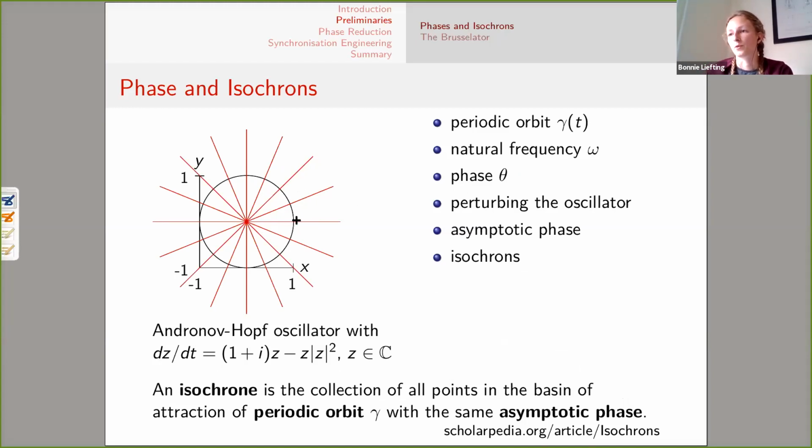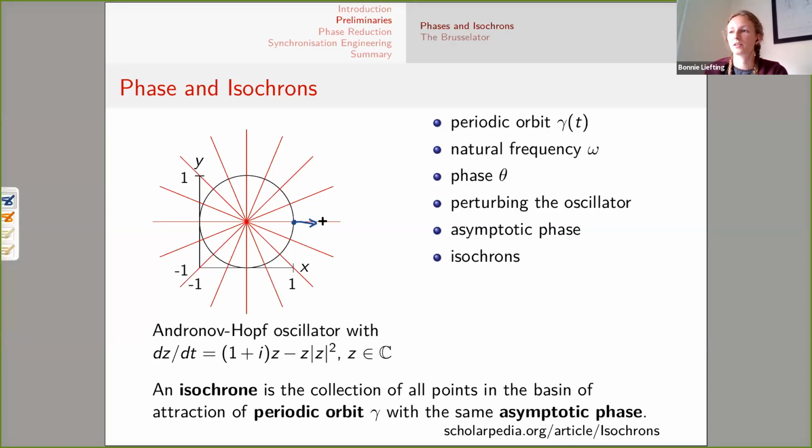So if you, for example, would have a point here, and it would be kicked in the positive x direction, it should be a straight arrow, but then you would see that it would stay on this isochron. So you can kick it, but it will not change its phase.